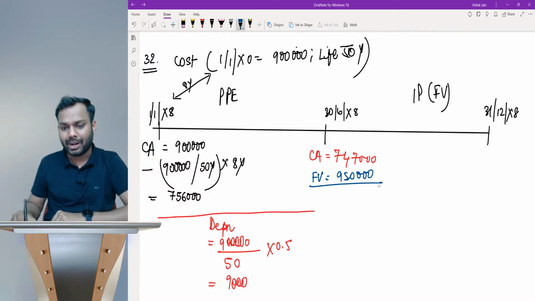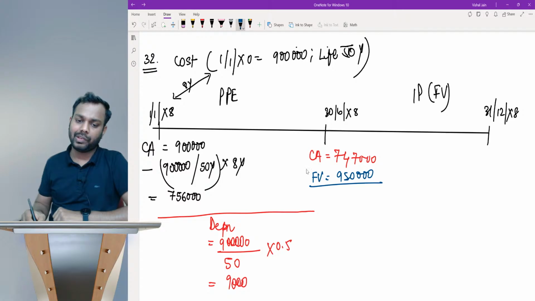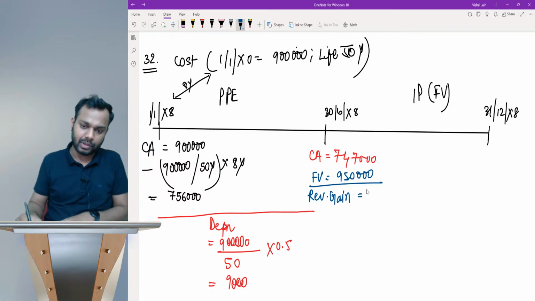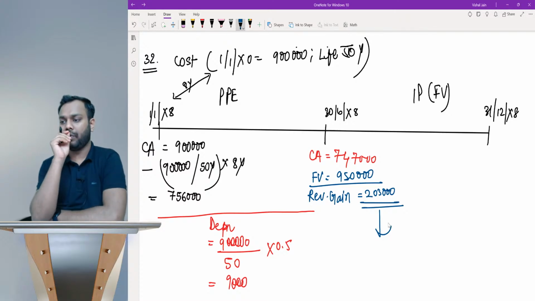So where will this gain or revaluation gain be transferred to? Revaluation gain of how much? 950 minus 747 is 203,000. Tell me, where will this be transferred to? That's my question.